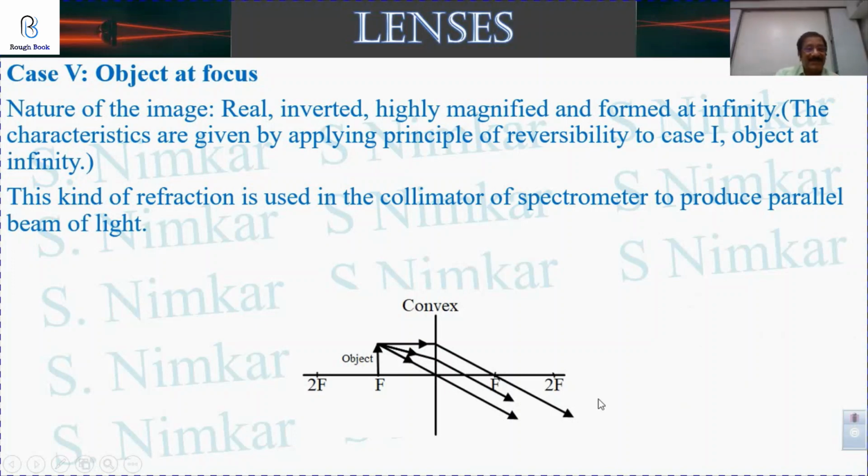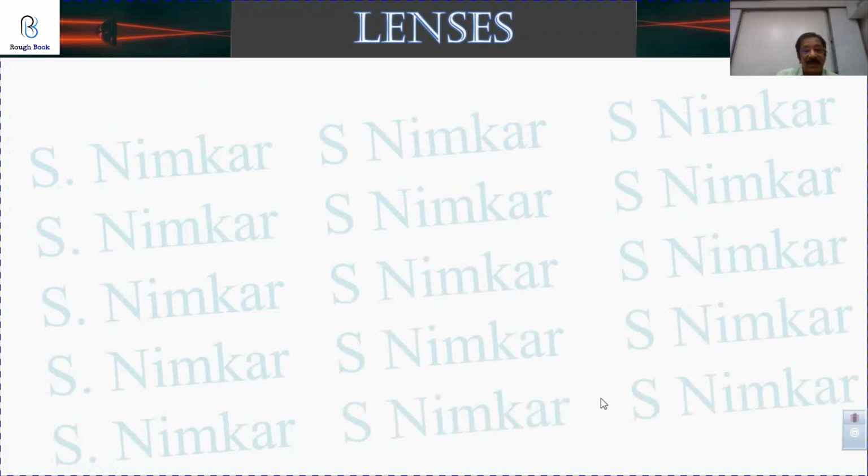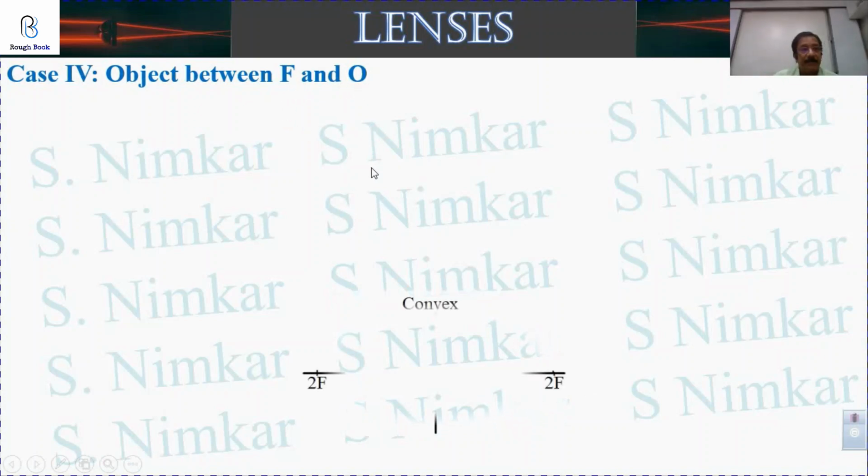Now, next case is when the object is within the focal length. Now, from infinity up to the focus, you get real image. Now, case 6, when the object is between the principal focus and the optical center. Now, as the standard rules, we need to draw the lens and the principal axis with f and 2f at equal distances on both sides.